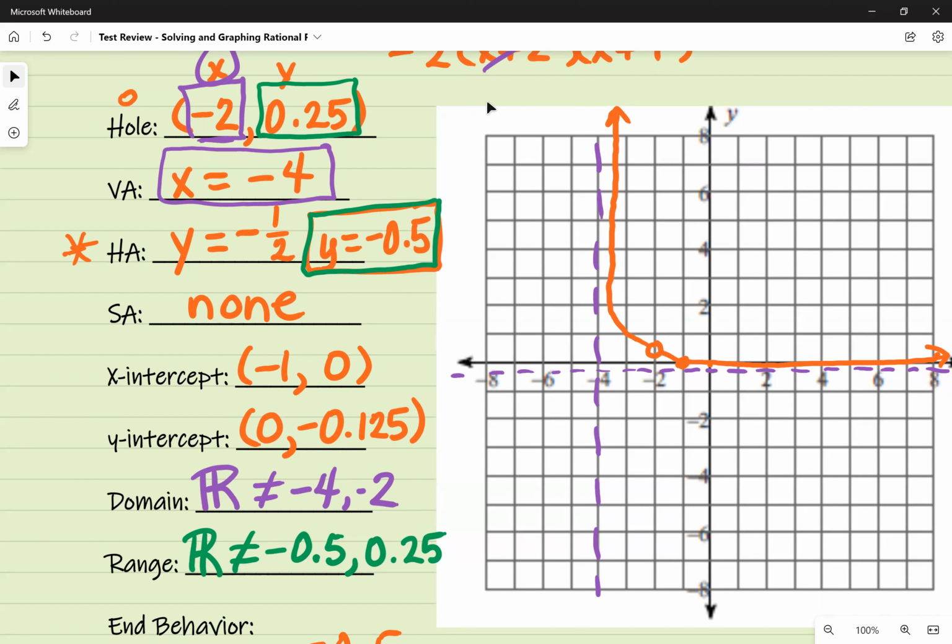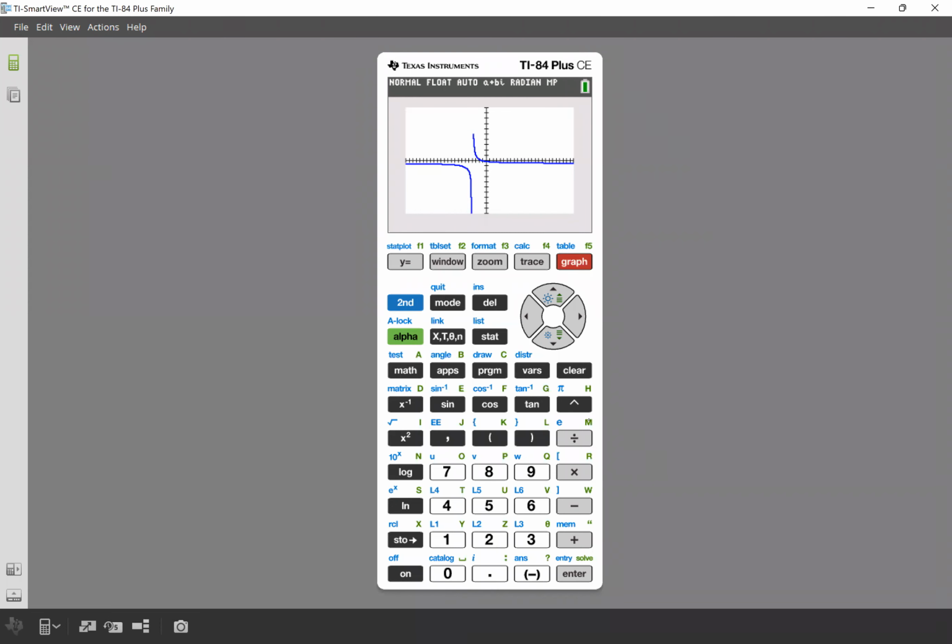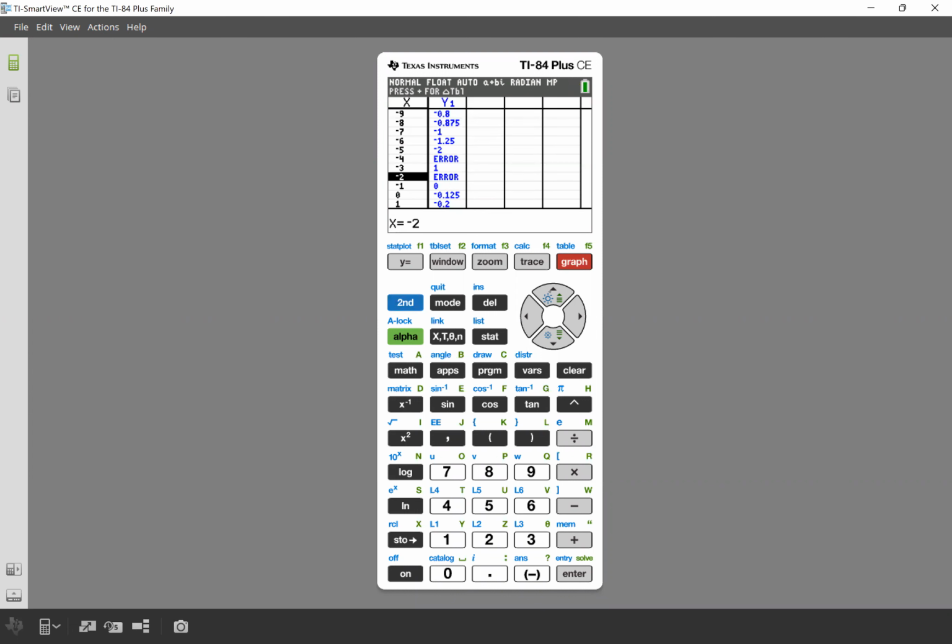So this is where the calculator comes in handy, because I want something in front of the -4. So more like -5, -6 type area. So what I can do is go to my table by pressing second graph. And I want to go above where my errors are, because my errors identify my holes or my asymptotes. So I want to go above it, in front of it.